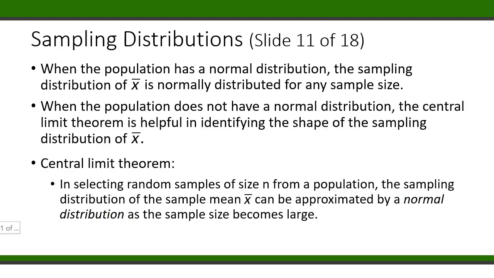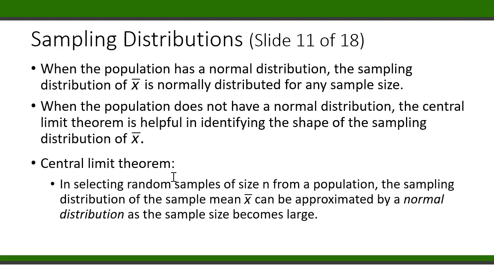Some more on sampling distributions: when the population has a normal distribution, then the sampling distribution of x bar is normally distributed. A lot of times you don't know what the population is going to be. When the population does not have a normal distribution, the central limit theorem takes over to identify the shape of the sampling distribution of x bar.